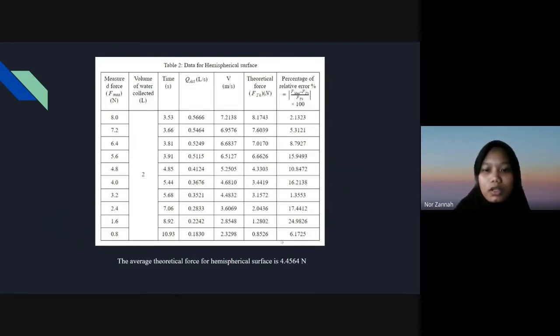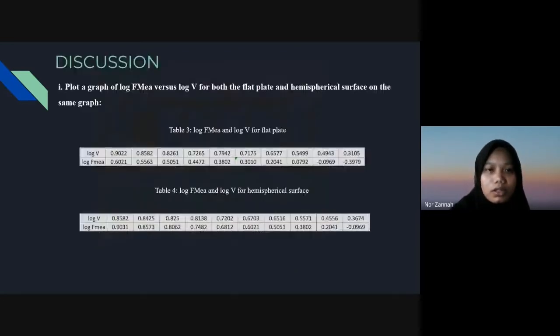This value we get from the steps as I explained. The average theoretical force for the hemispherical surface is 4.4564 Newton. Okay, next I will pass to Amira for the discussion.